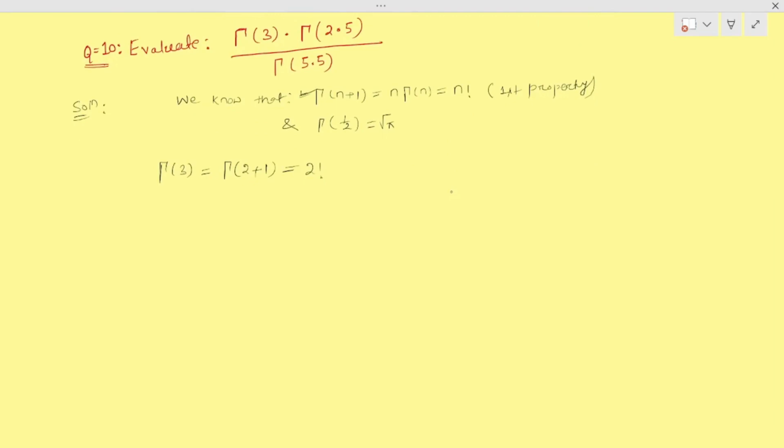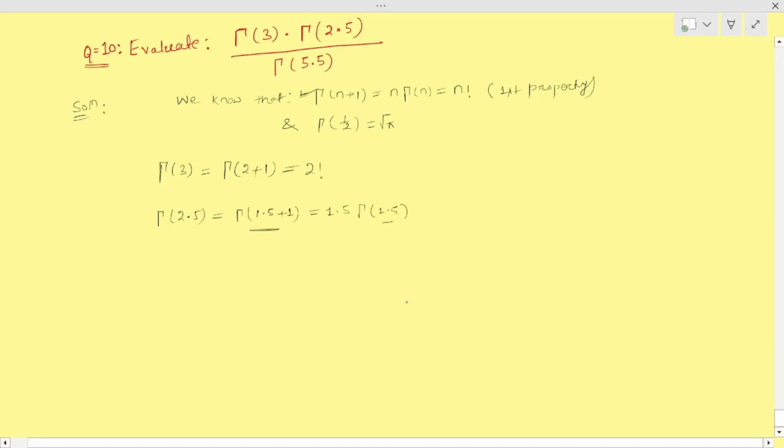Then we consider gamma 2.5. Gamma 2.5 can be written as gamma 1.5 plus 1. If I apply the first property, we can write 1.5 gamma 1.5.